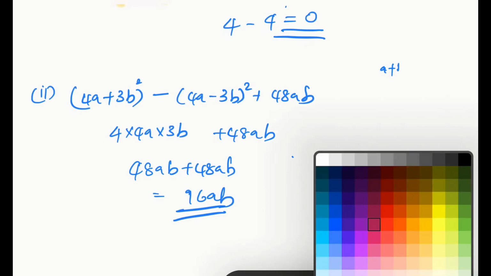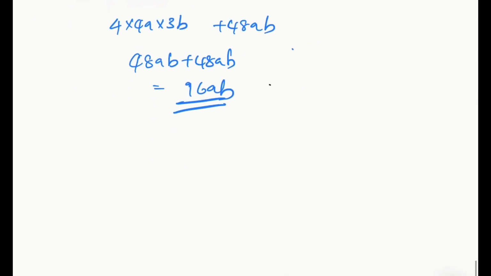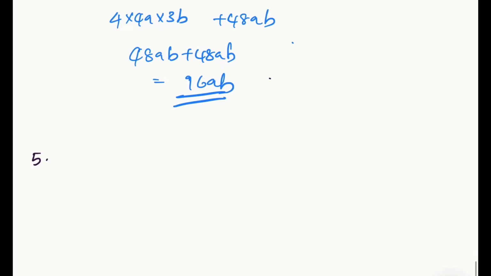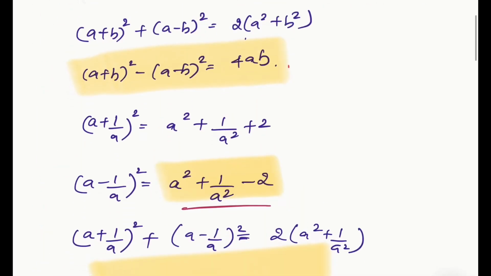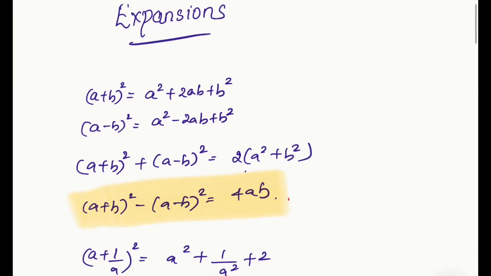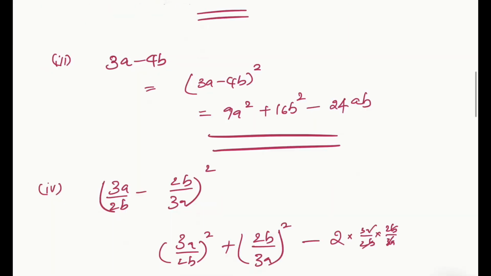Now let us do the fifth main. The fifth main you have, if a plus b equal to 7, ab is equal to 10, find a minus b. So you remember the formula where you have a plus b, a minus b and ab. This is the formula where you have both. So let us take up that formula to solve it.